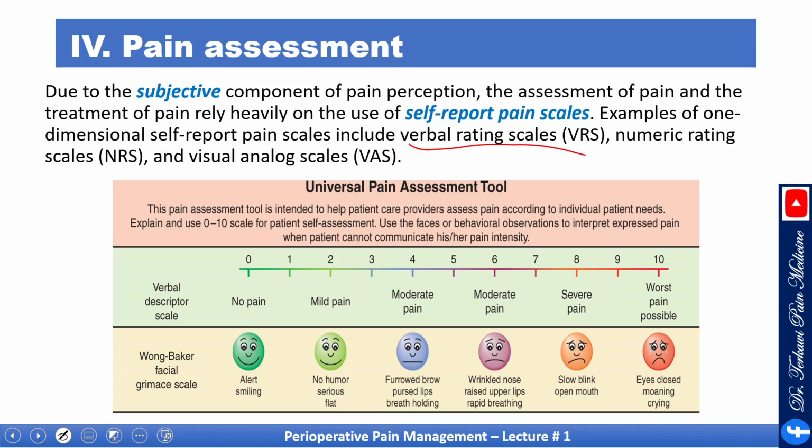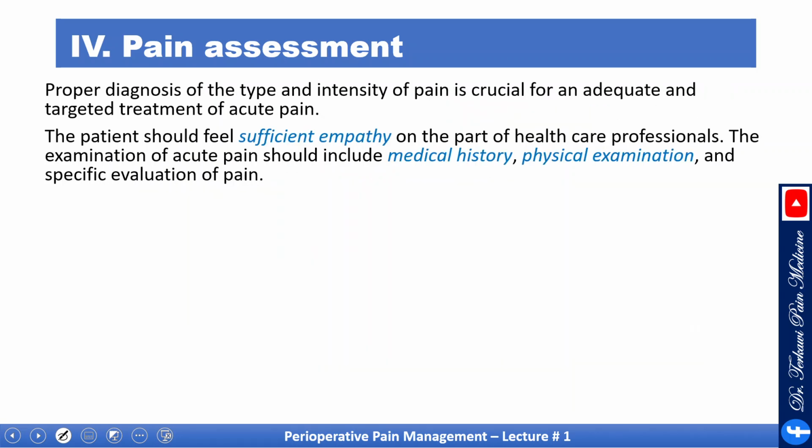Basically, you ask the patient, do you have pain? If yes, can you rate that pain for me from 0, which is no pain at all, to 10, the worst pain ever. And also you have the visual analog scale, where you can show the patient these faces and let them point to the face or to the number.